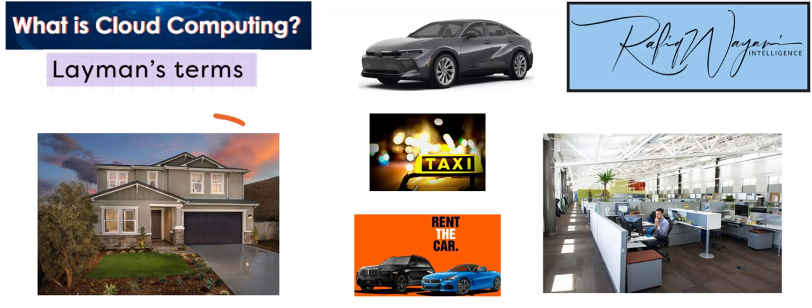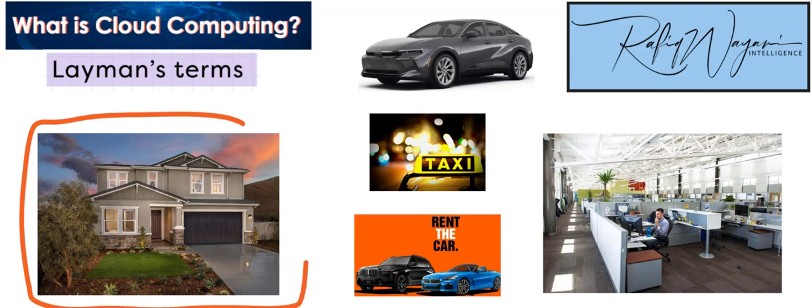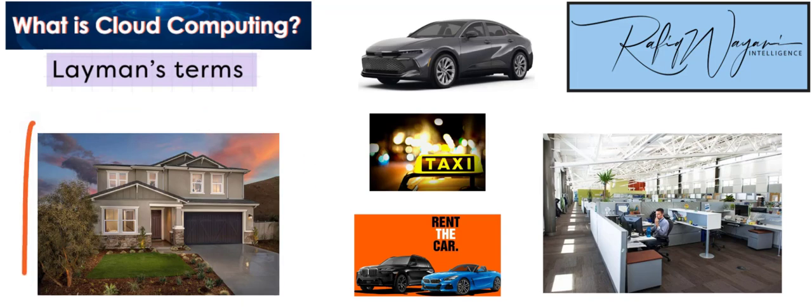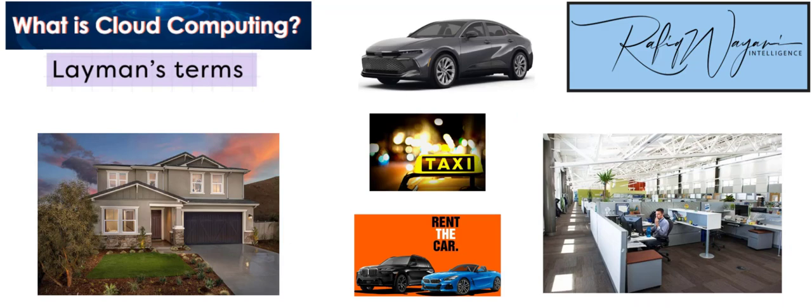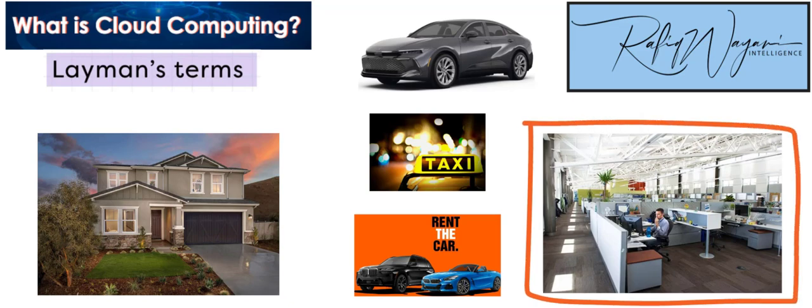Let's say this represents you. This is your home. And let's say this represents what you need to get done. It's work, okay? So this is who you are, and this is what you need to get done, whatever task it may be.